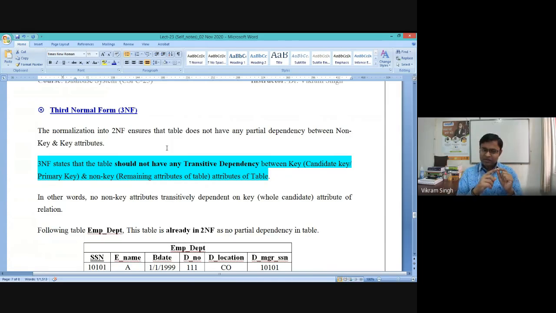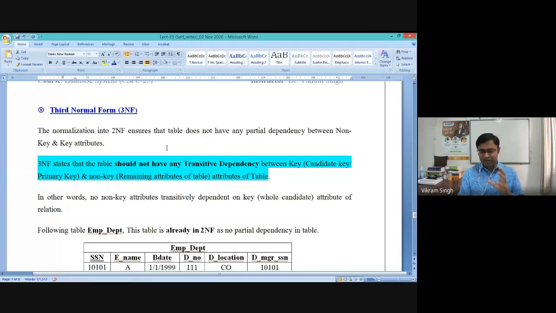But just because there is this transitive A to B and B to C, you can easily determine A to C. So you are reaching C by using B. अब B is again a non-prime. So ऐसा नहीं हो सकता है कि आपने एक की एट्रीब्यूट को या प्राइम एट्रीब्यूट को यूज करके दूसरे एक नॉन प्राइम डिटरमाइन किया जो कि डायरेक्टली नहीं है, and you are determining C by using B, right? And this is not allowed.